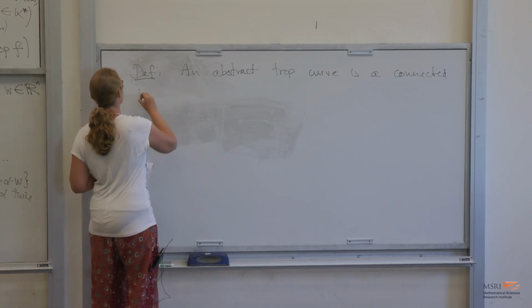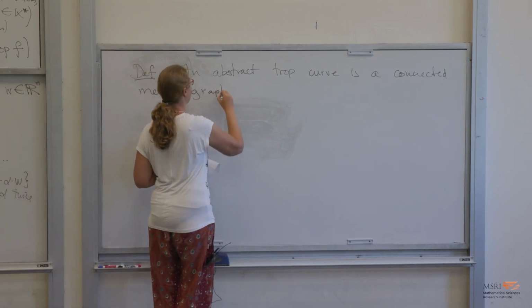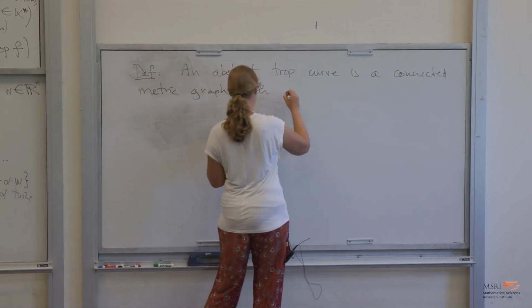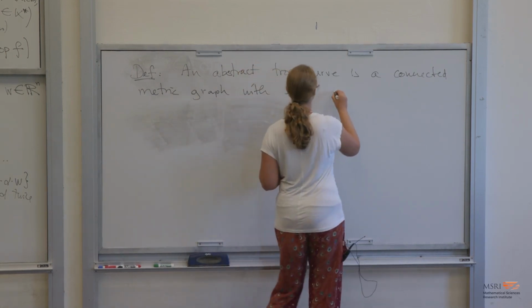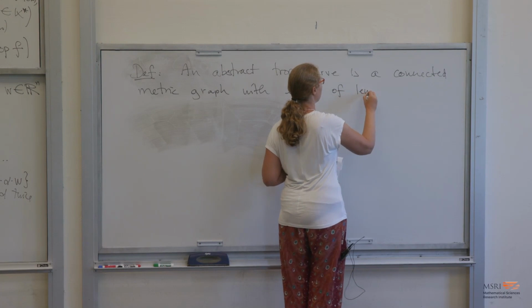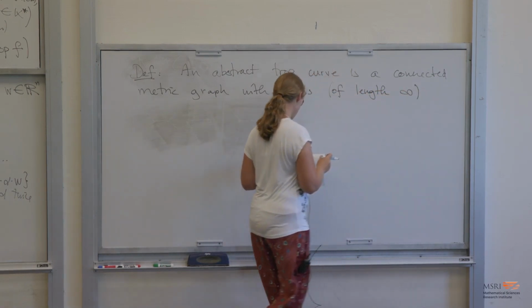So it's a connected metric graph with so-called ends. These are the unbounded edges. The ends are of length infinity.